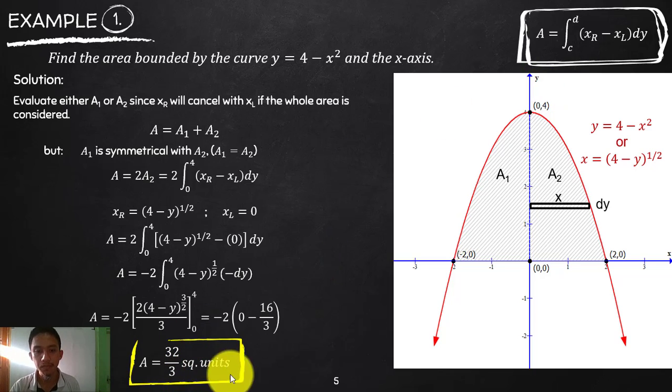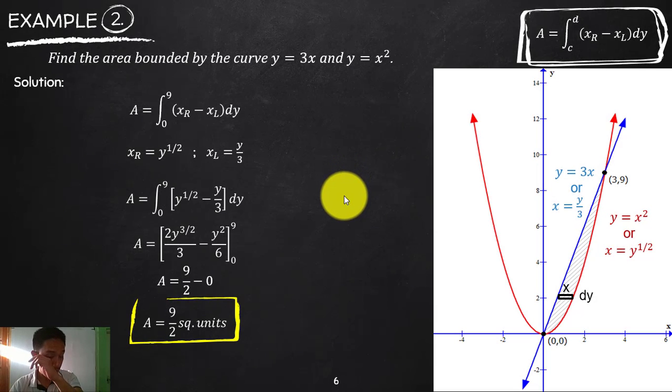Okay, since again we do not have any specific unit, that is square units, but you need to put there square units for that to be determined as area, because without writing the square units, that could be any quantity. So we are on area, so even if there is no unit, you need to write the square units. Okay, so that is getting the area using a horizontal strip.